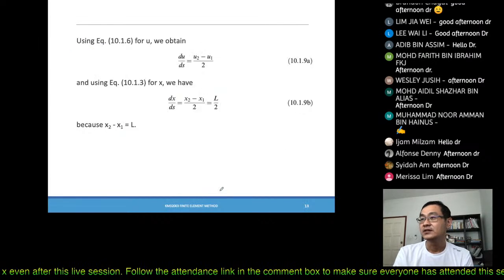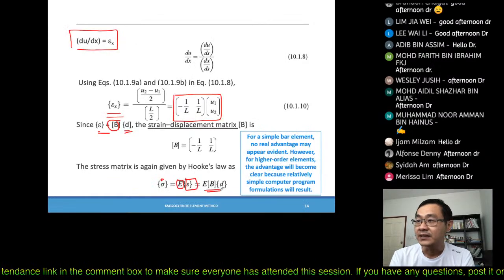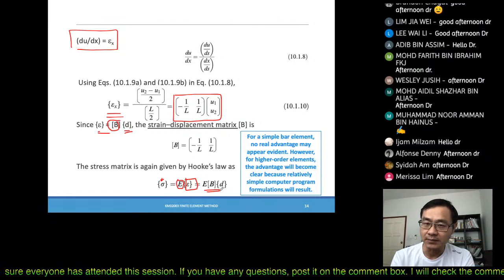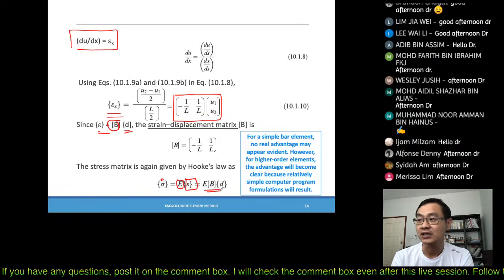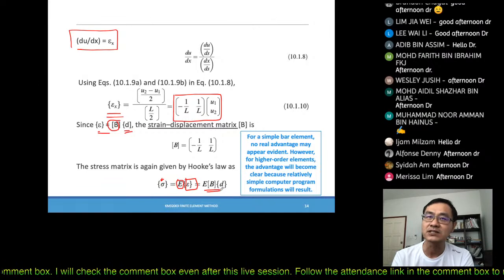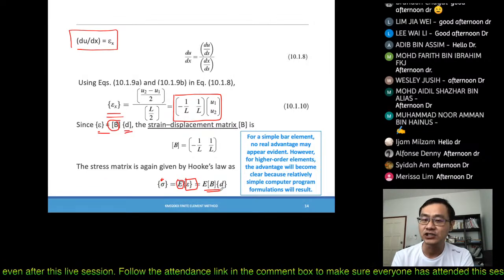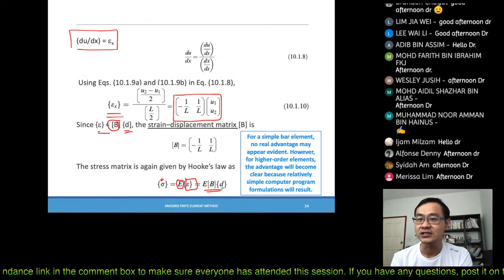So what happens is that we will notice that for a simple bar element, there is no real advantage. It's not clear, because as you can see previously, to obtain the strain relationship we have to do chain rule differentiations and so on.